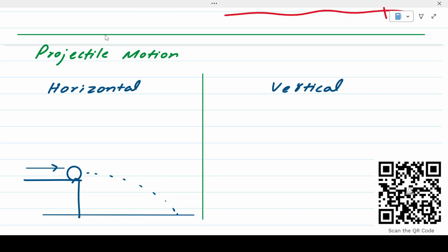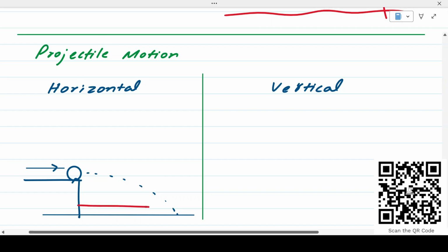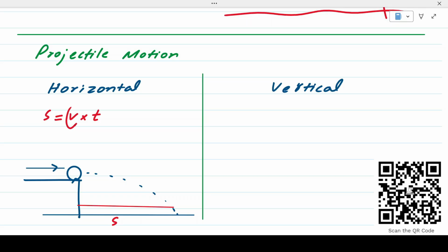This will be broken down into two motions. Horizontal: if you need to find anything related to horizontal, for example, if they ask what horizontal displacement is covered, for horizontal motion there is only one equation. Displacement equals initial speed times time, s equals ut. In horizontal motion, v remains the same.